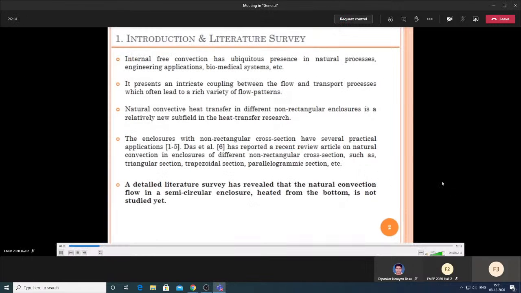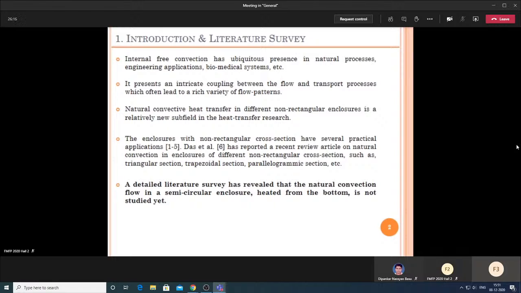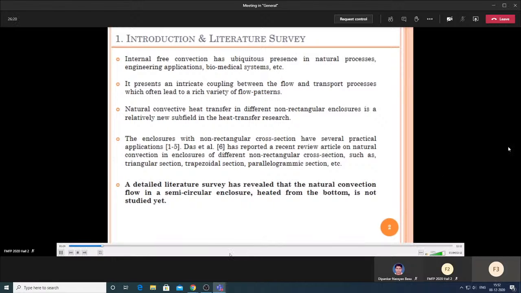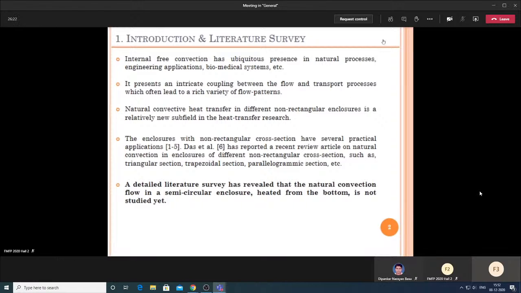It is to be noted that enclosures with non-rectangular cross-sections, such as triangular or parallelogram sections, have several practical applications. Recently, Duff et al. reviewed the natural convection in different non-rectangular cross sections such as triangular, trapezoidal, or parallelogram sections. With that, we come to the main motivation of this study.